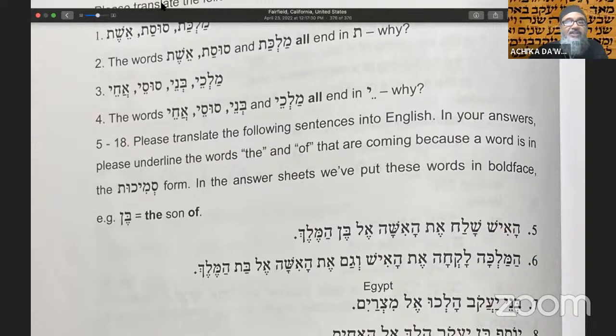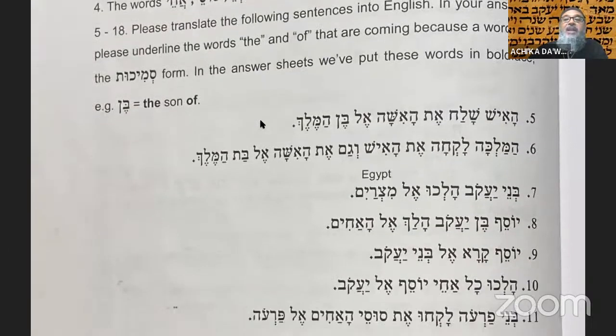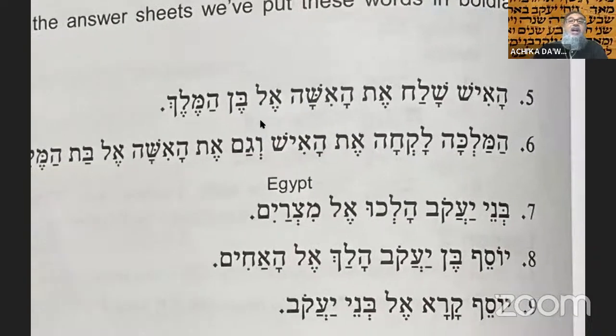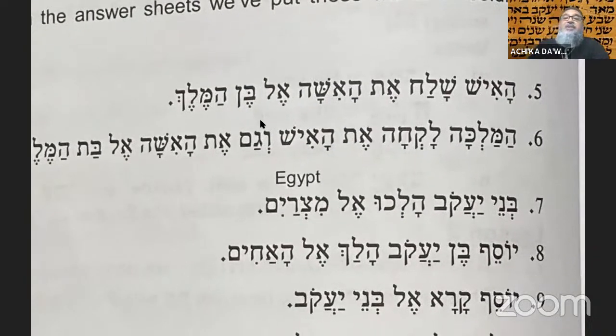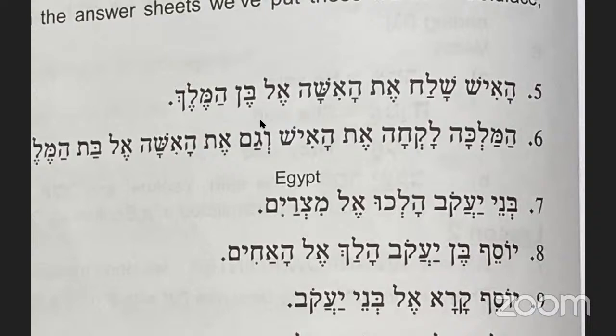Okay. So let's just go over a few things, because I'm going to send it to you. When we look at this first sentence right here, I don't want anybody to read it out loud. I just want you to tell me what it says in English. The man.